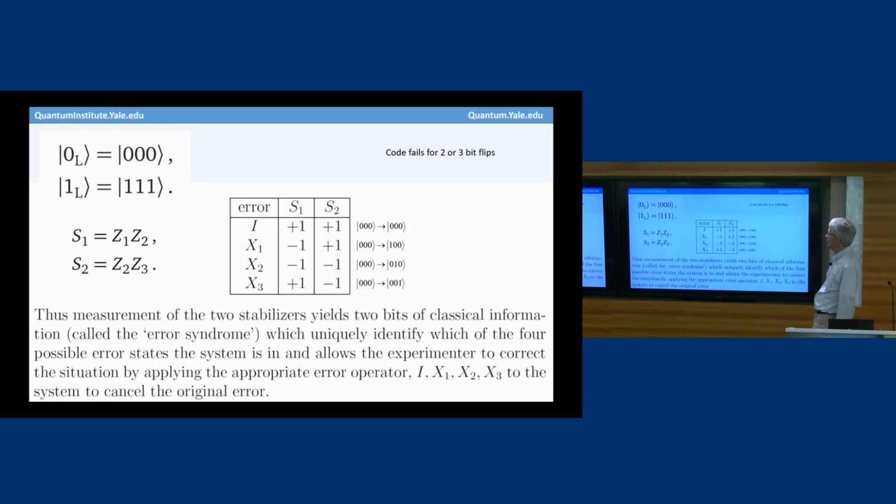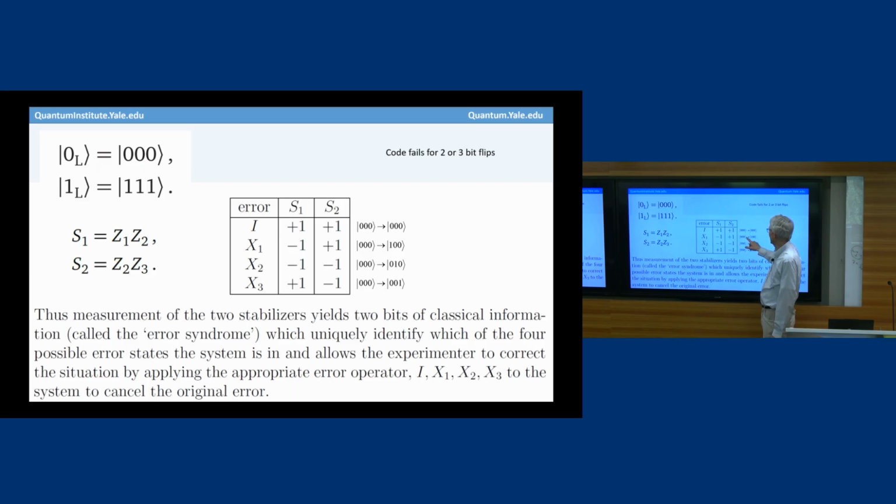Okay, so let's look at the possible errors. Well, there could be just the identity error. That's our favorite error because nothing happens. This code can correct 1 bit flip, by the way, nothing else. The first bit could flip, the second bit could flip, or the third bit could flip. If that happens, what happens to the joint parities? Well, if there's no errors, they're both going to be +1.